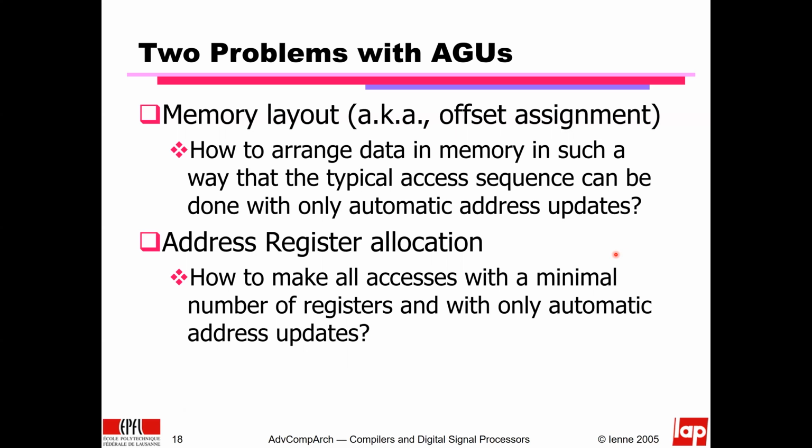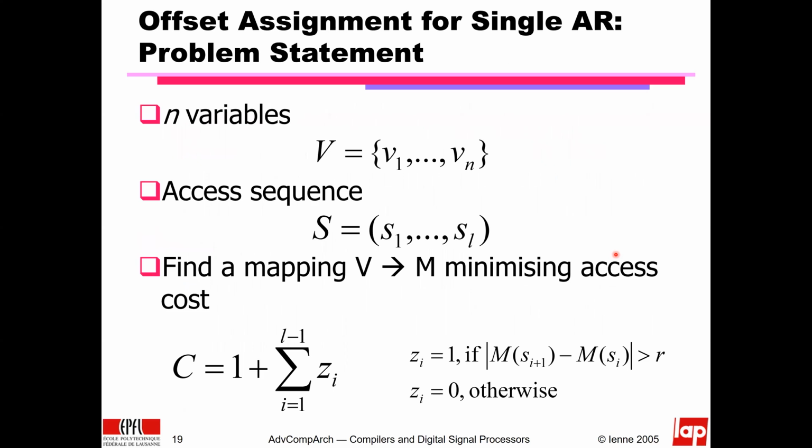So the array is fixed. There is element 0, then element 1, then element 2. So I cannot change the order of the elements. So when I have something fixed, how can I use the address registers to access well the values as I need to access them? Both will become, I guess, much more clear in a moment.